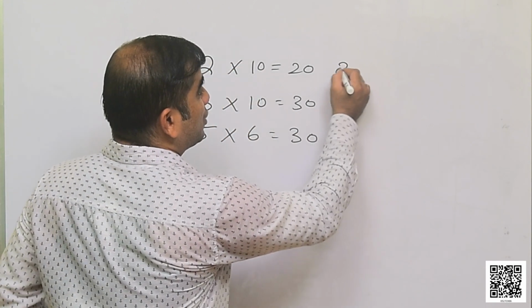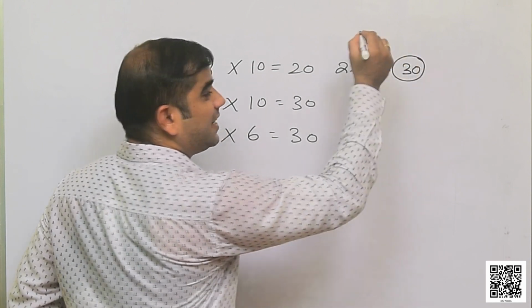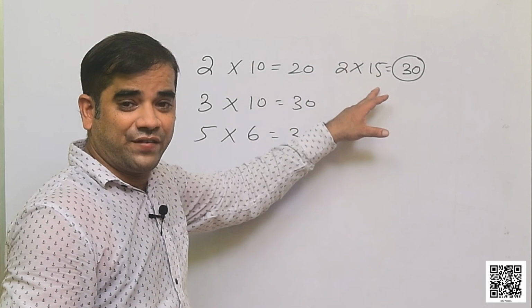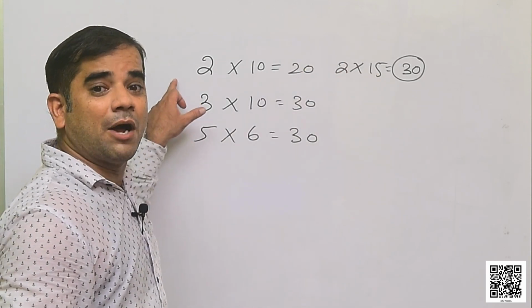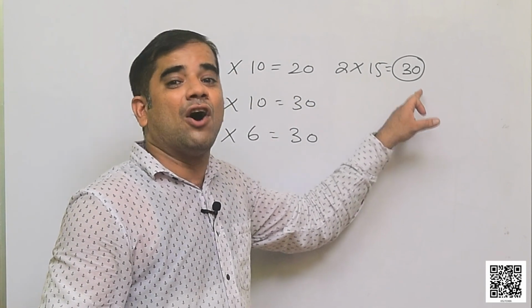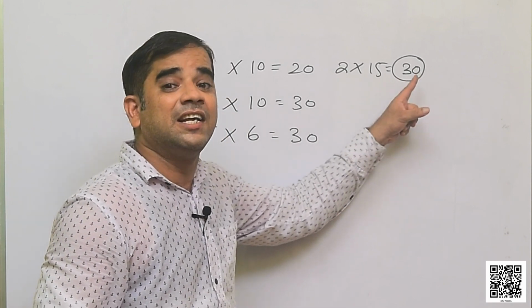So, we have 2 into 15, that is 30. Of course, we are not learning the table up to 15, we are learning each table up to 10, but there is a process of never ending multiplication which gives us 2 into 15 as 30.